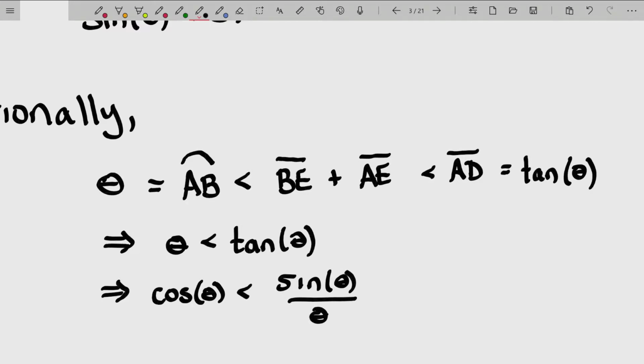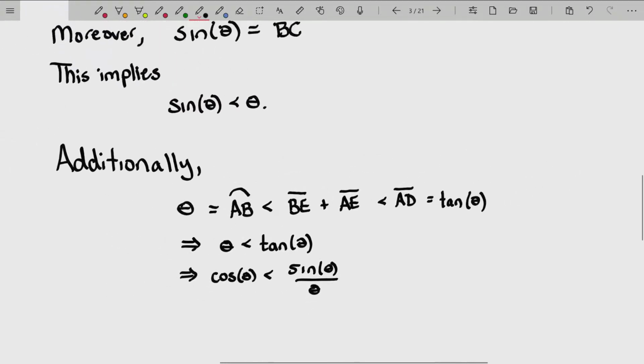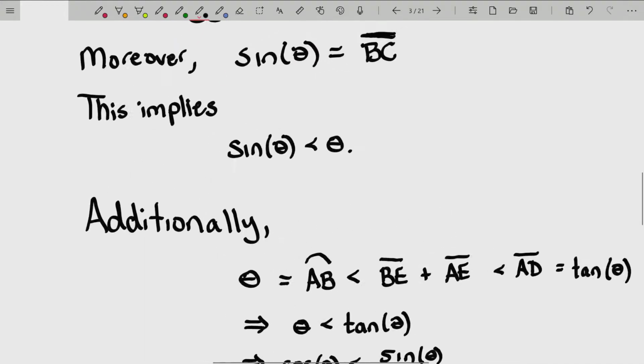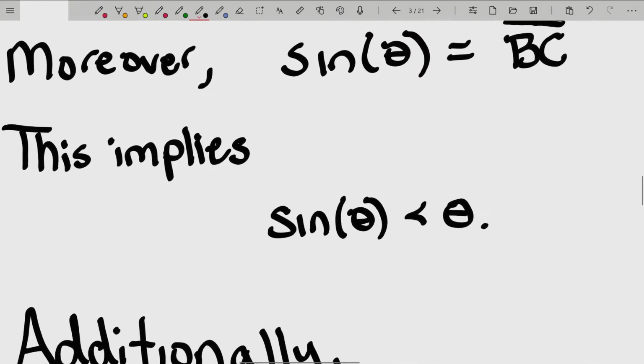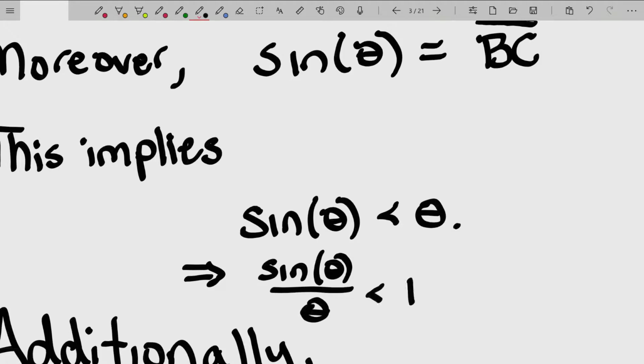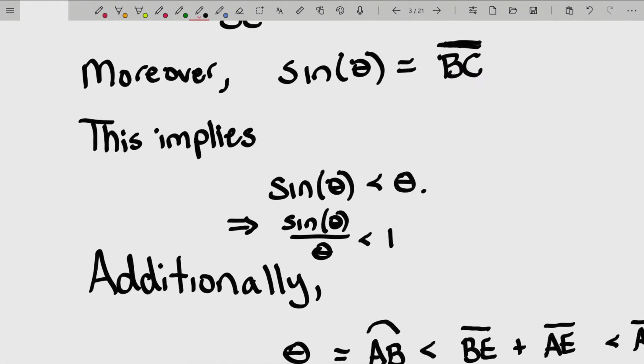And now I have an inequality that I want to work with. When we got to this point way up here, I could have said, let's go ahead and divide both sides by theta. Whoops, this is sine of theta over theta is less than 1. Again, our angle's in quadrant 1 for this argument, and so I'm not really dividing by a negative number.